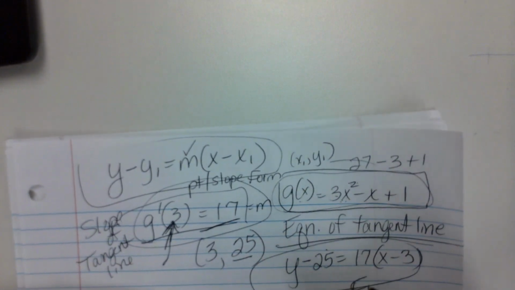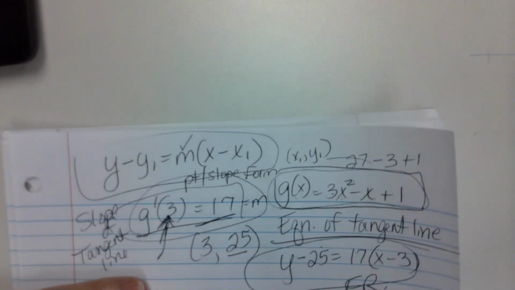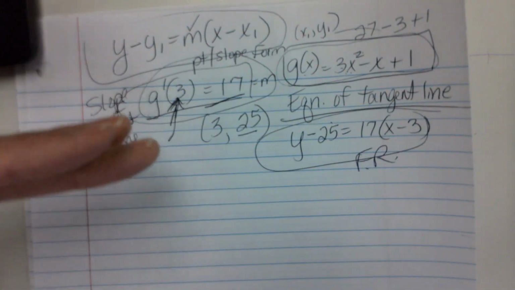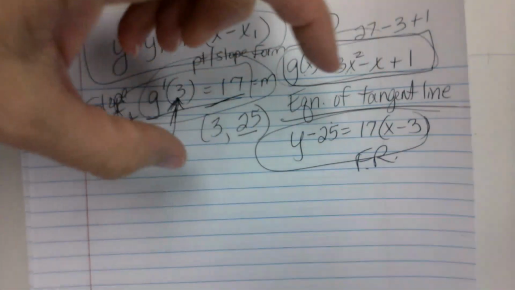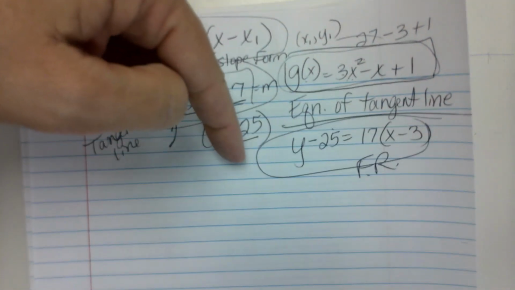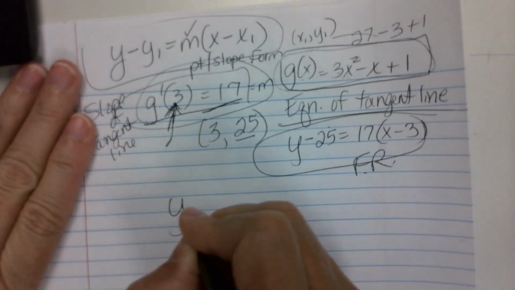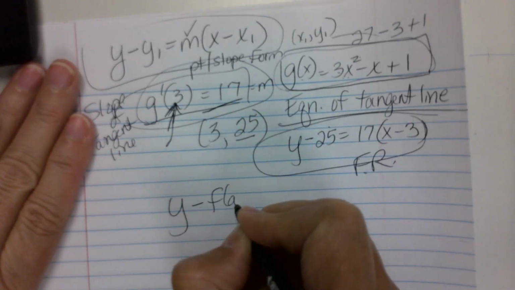Free response, don't try to do y equals mx plus b. It literally is one extra step. Find the y value and do y minus y1 equals slope times x minus x1. If we want the calculus way, this is what it would be.